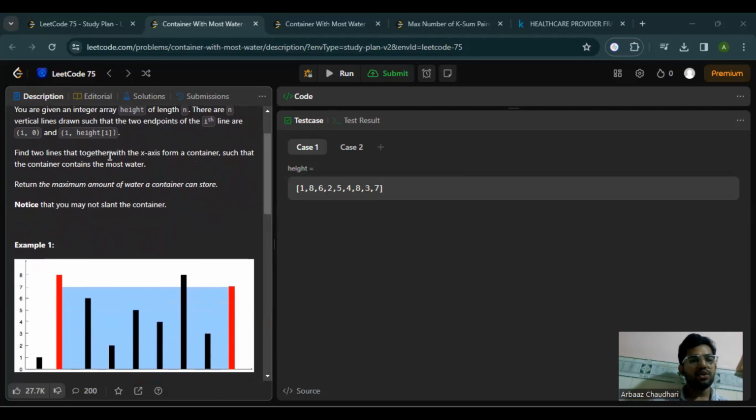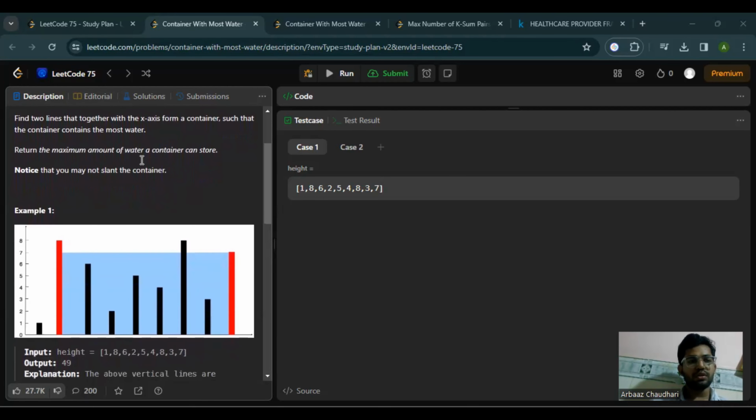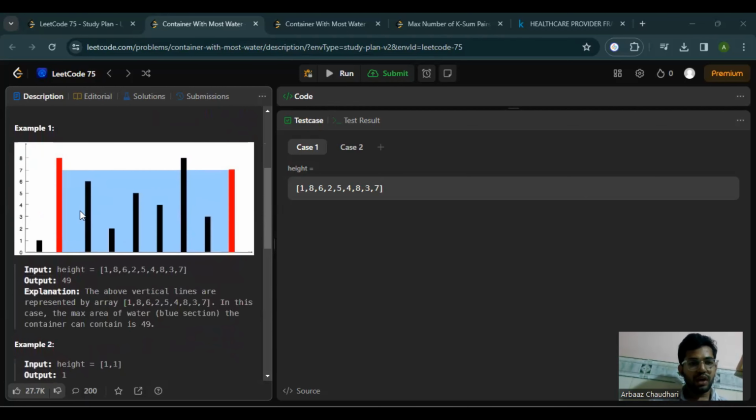Find two lines that together with the x-axis form a container, such that the container contains the most water. So we have to choose one of the containers which can fill the most water, the maximum water that can be filled.